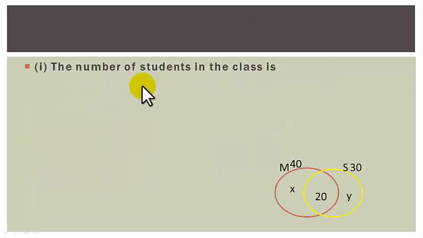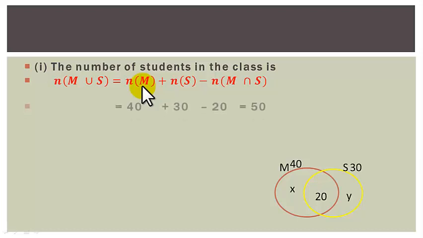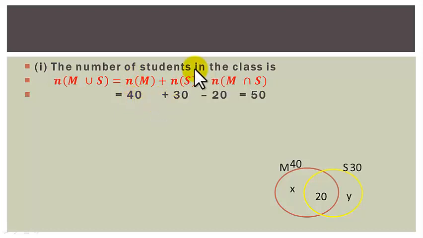To find the number of students in the class, we use the formula n(M union S) equals n(M) plus n(S) minus n(M intersection S). That is, 40 plus 30 minus 20, and that will be equal to 50.